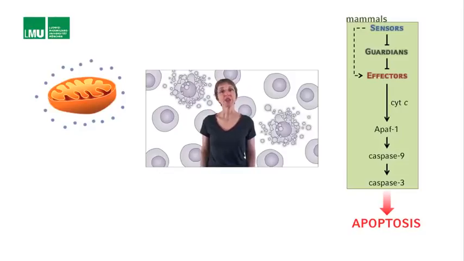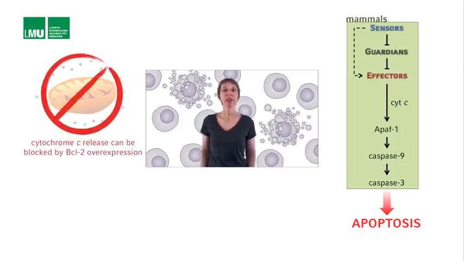In the last section, I mentioned that the release of cytochrome C can be blocked by BCL2 overexpression, or more generally, by the overexpression of guardians. The guardians act to negatively regulate the pro-apoptotic effectors such as BAX.